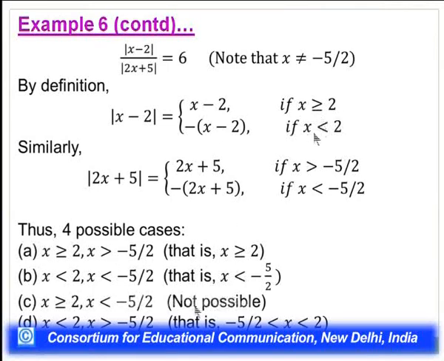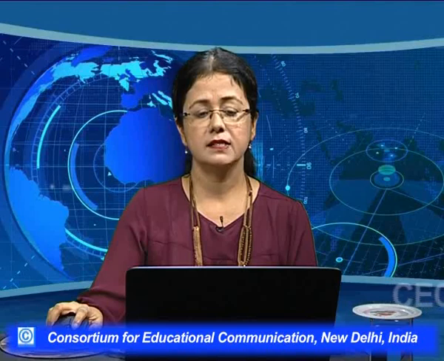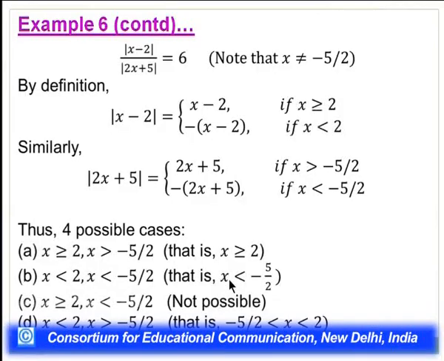We can combine the inequalities in the following manner. One case is where x is greater than or equal to 2 and x is greater than minus 5 by 2, and if we combine these two we get x is greater than or equal to 2. The second case is one where x is less than 2 and x is less than minus 5 by 2, which in turn gives us the intersection as x less than minus 5 by 2. The third case is where I take x greater than or equal to 2 in the first absolute value expression and x less than minus 5 by 2.